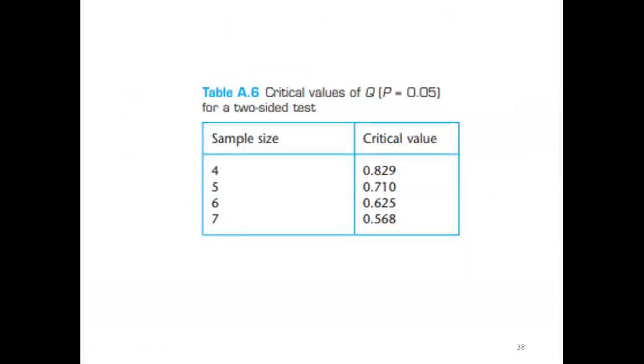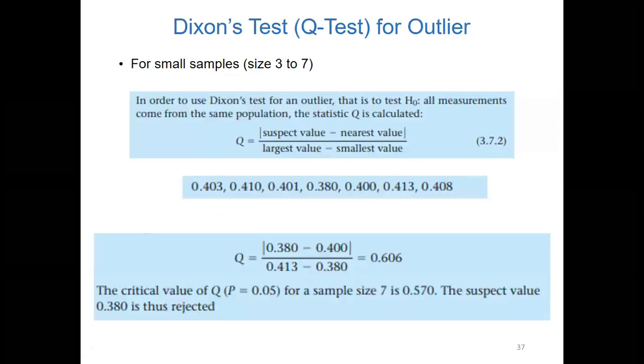Here's the table, and the sample size is 7. When the sample size is 7, the critical value is 0.568. Instead of 0.568, it has been written as 0.57, but please don't round it to 0.57; use 0.568. For a sample size of 7, the critical value should be 0.568.